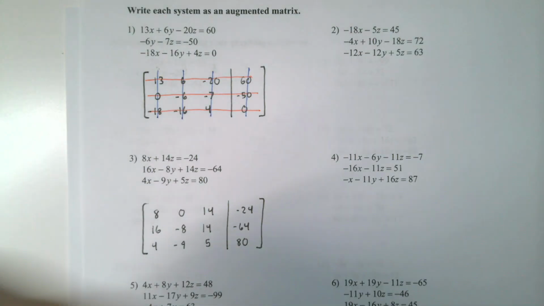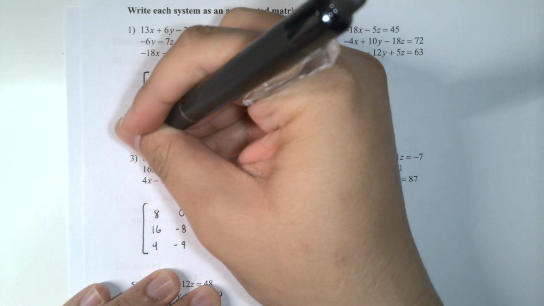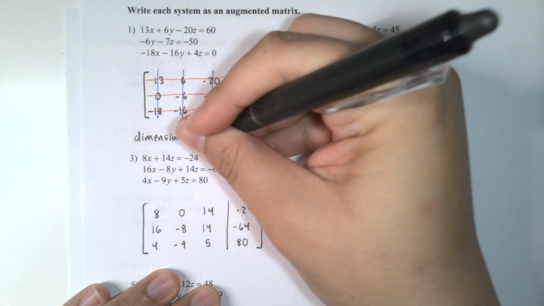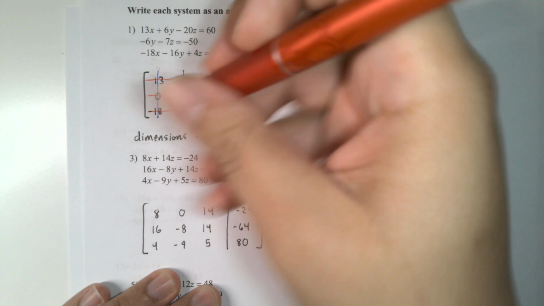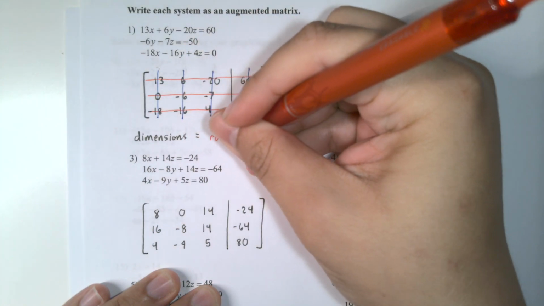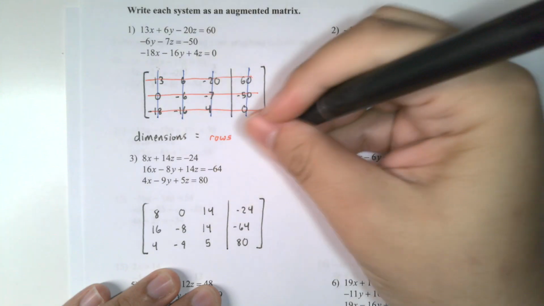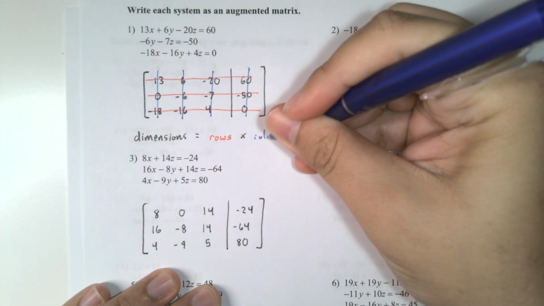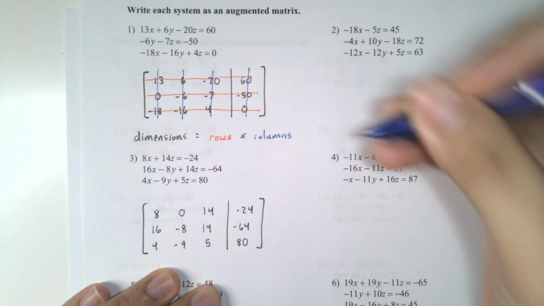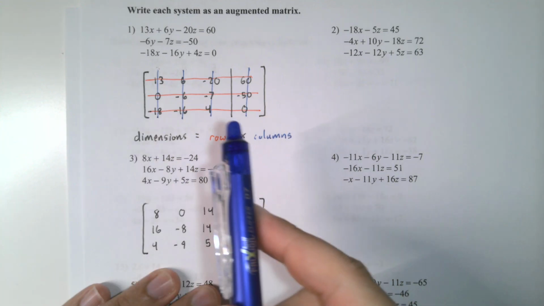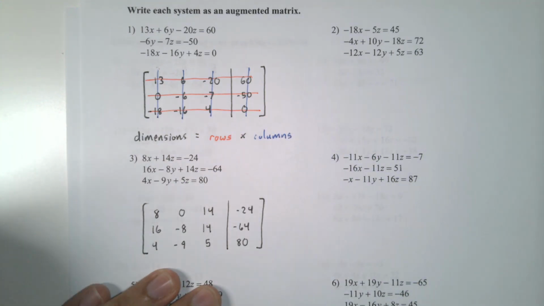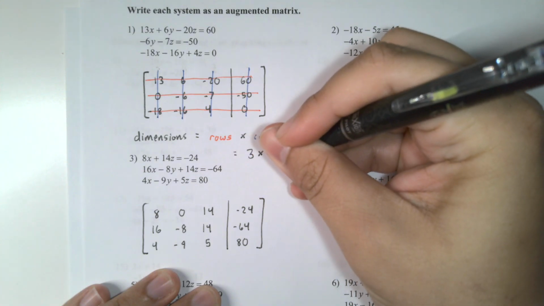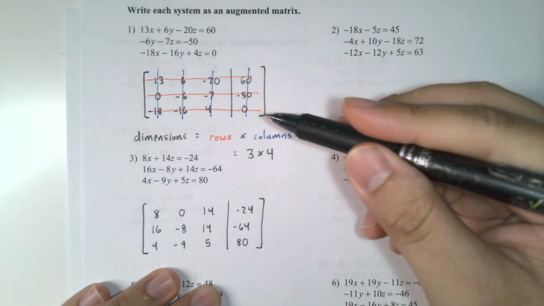All of your matrix dimensions are equal to the number of rows by the number of columns. So in this case, this is going to be a 3 by 4 matrix for number 1.